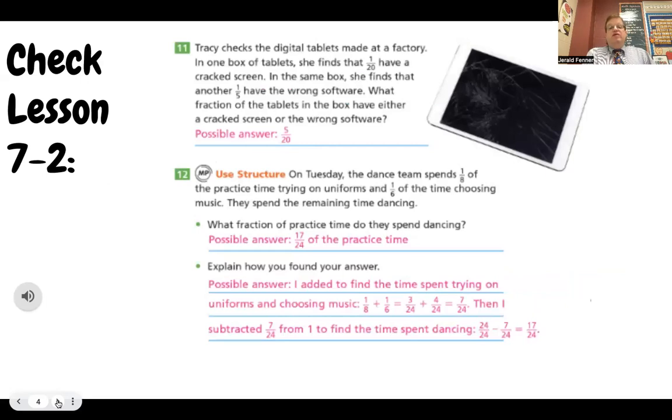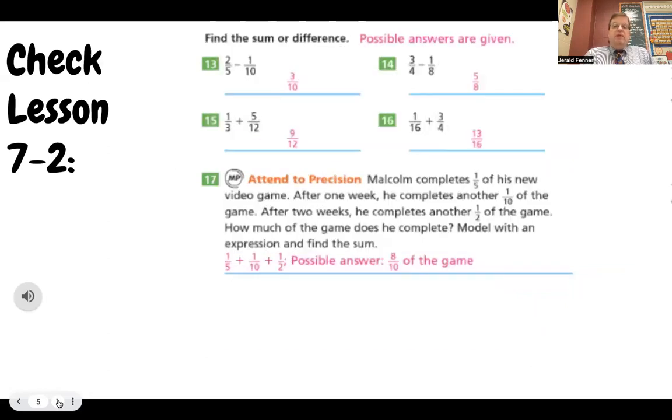The top half of page 156. And the bottom half of page 156. After you have finished checking, please close up your workbooks and open up your notebooks so that you're ready to work on today's problem of the day.